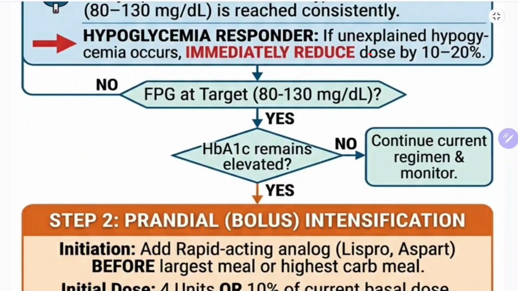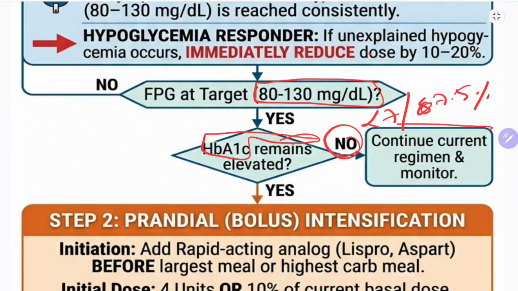Then, if the target of fasting plasma glucose is met, you will look at the HbA1c now. If the HbA1c is in the target, say 7 or less than 7.5%, then continue the current regimen, meaning only the basal insulin should be maintained if fasting plasma glucose is 80 to 130 and HbA1c is achieved without any prandial insulin.